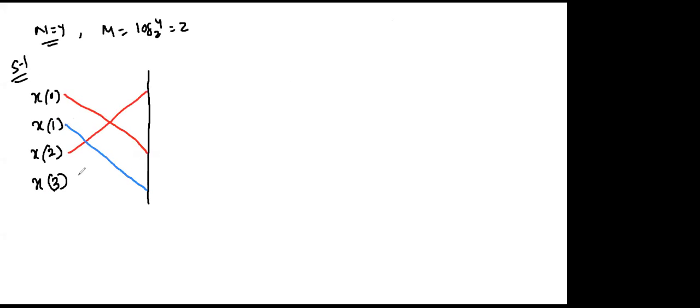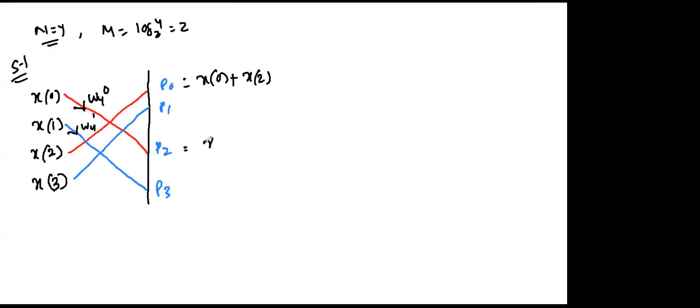Let the output be P0, P1, P2, P3. Then the equations are very easy. And this is omega 4 0. This is omega 4 1. Then what is the equation? It is x0 plus x2. See the first butterfly. And this is x0 minus x2 multiplied by omega 4 0.